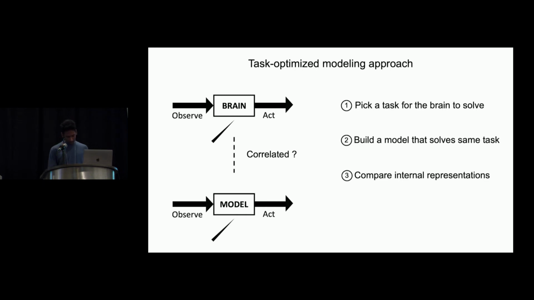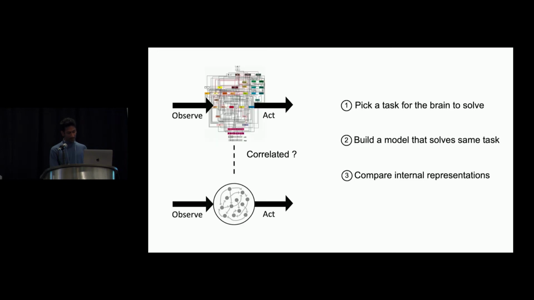Now, this approach has been fairly successful, but we're far from having models that have perfect correlations to the brain. And I think at least part of this is due to the fact that there's a big gulf in architectural complexity between the brain and current models.